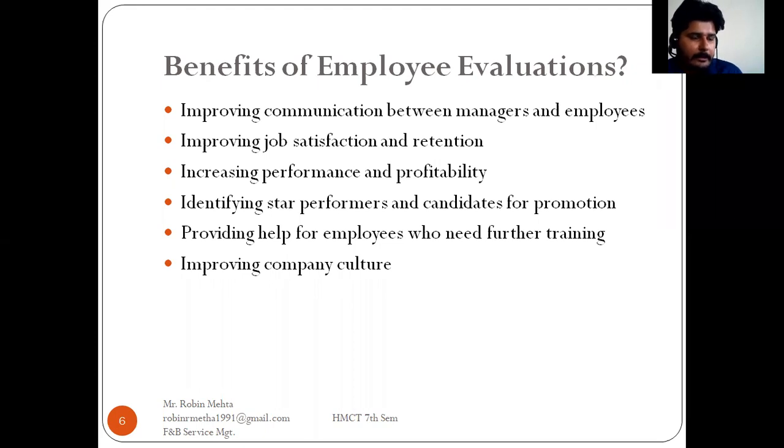They may feel that they can retain their position by doing these things. So that's the reason employee evaluation is very helpful for satisfaction and for retention.